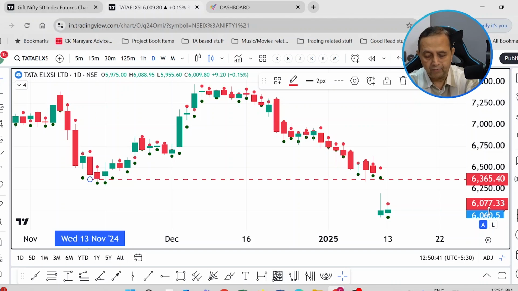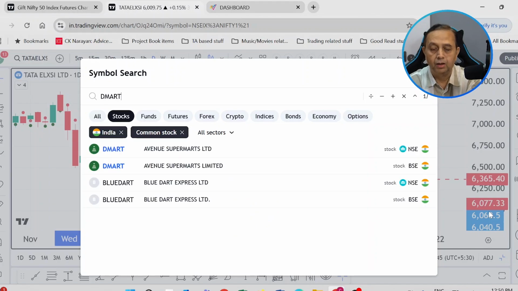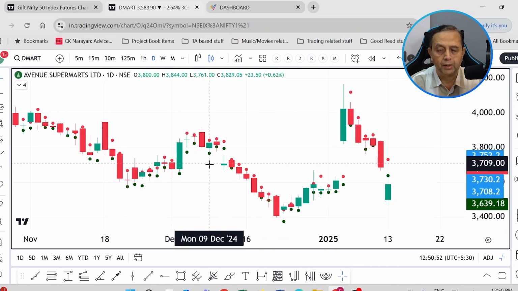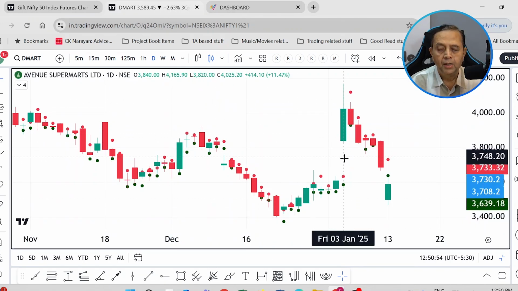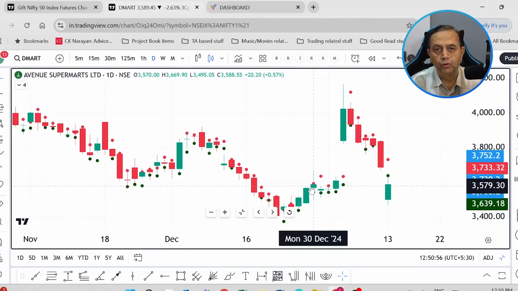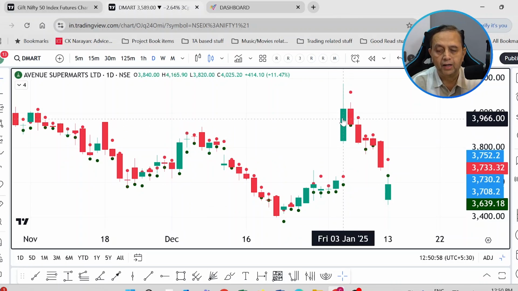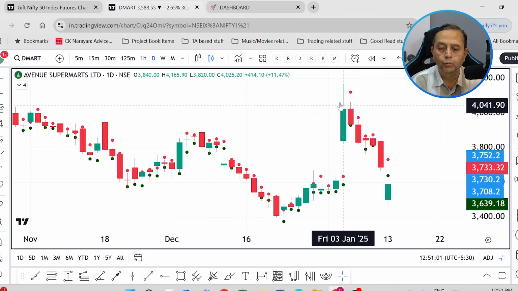Now what caved in and what went against our expectation was when I did the analysis in, I think, episode number 1 on Avenue Supermart, that was DMart. Now DMart had this unexpected news flow on that day where they said our volumes are going to be much better, some 17% better.